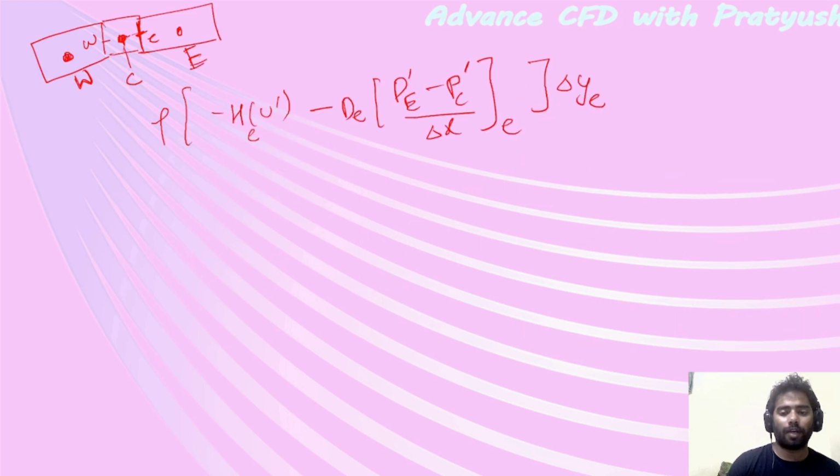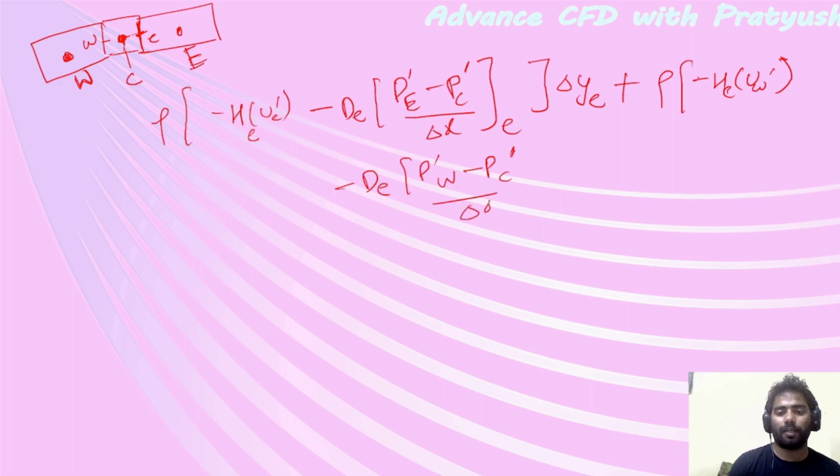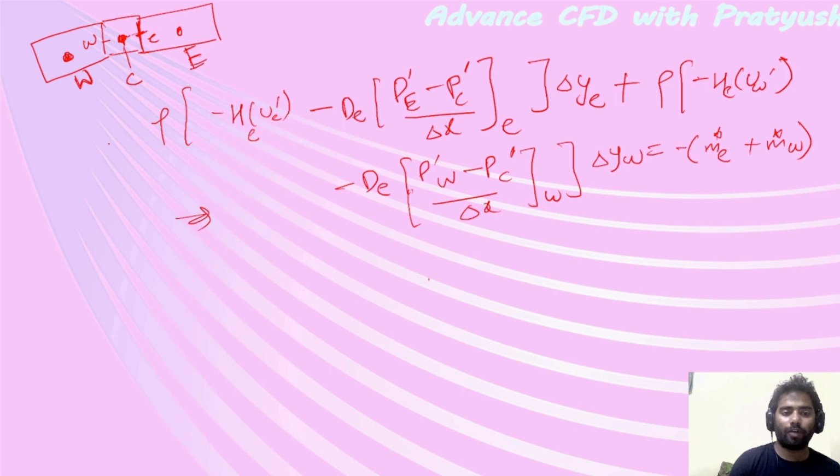Similarly, if you want to write the next term, that will become rho W into minus HW, sorry, here it will be UW dash, minus D, that will become PC minus PW dash on del X on W, into del Y W, equal to minus M dot star E plus M dot star W. So if you do rearrangement here, you can write this complete term in a different form.